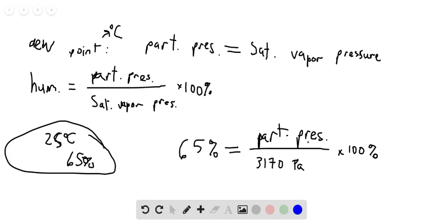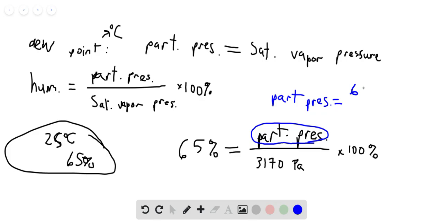Alright, so now we want to isolate this variable, partial pressure. So what is the partial pressure on that day? We can simply isolate it by taking the 3,170 Pascal and the 100% and sending it to the other side of the equation.